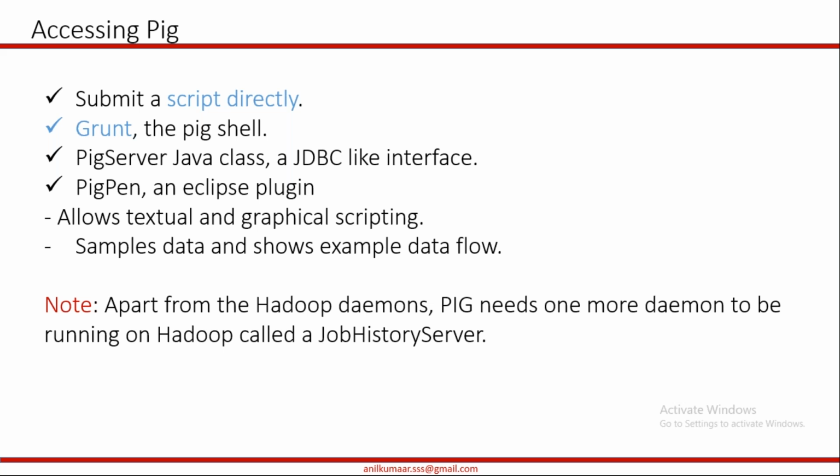Apart from these, it needs a job history server also. It's mandatory to run your Pig jobs. So intentionally we won't run the job history server, and you will see the error you get. Then you will understand why the job history server is really needed.